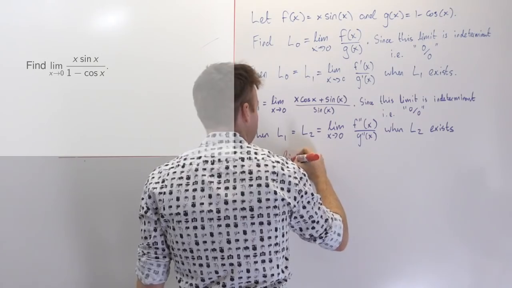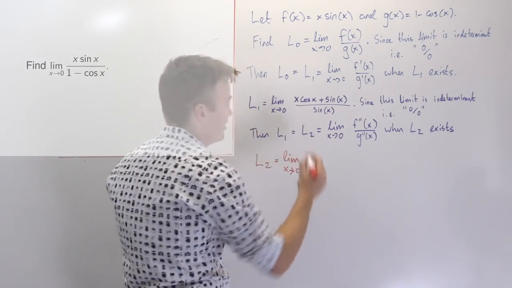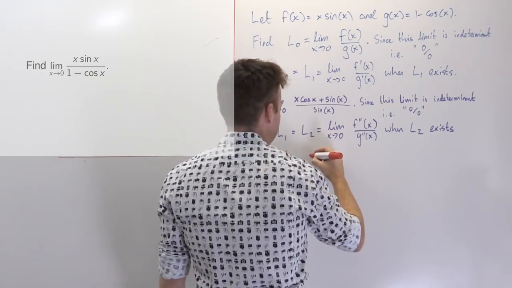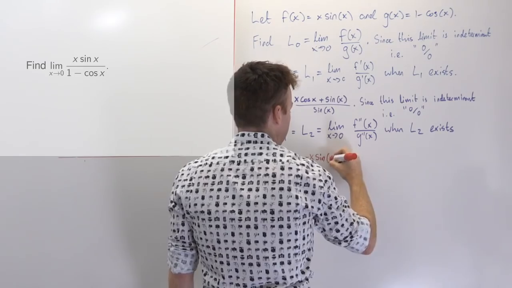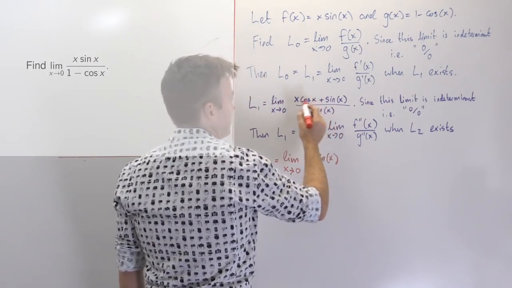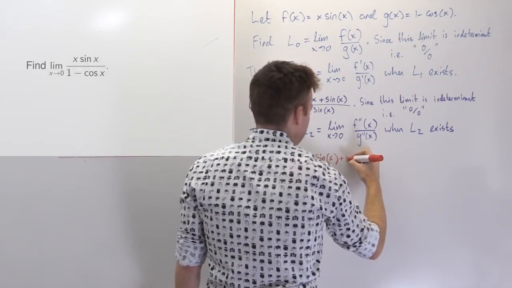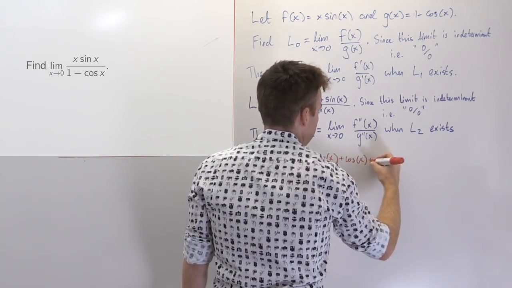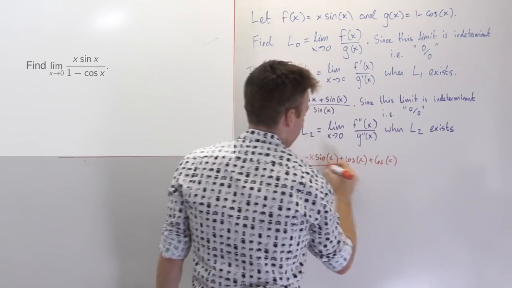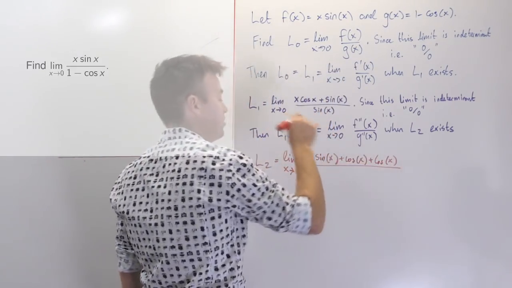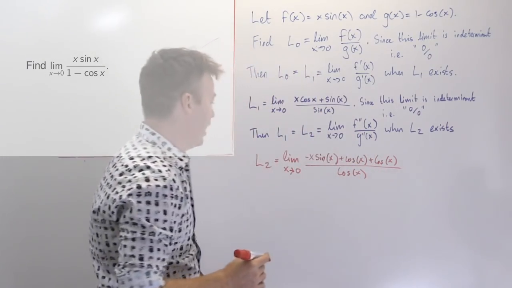is the limit as x approaches 0. The derivative of this is, let's see, x cos goes to negative sine x times x, cos plus cos x plus cos x, all divided by sine goes to cos. And this one's okay.